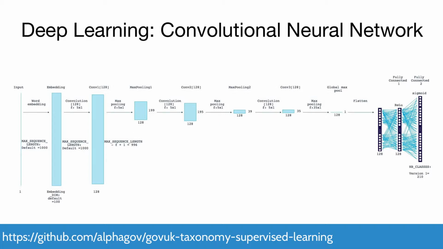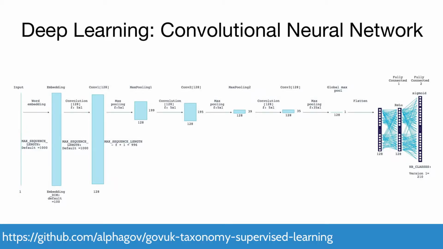This is a sort of representation of the architecture of our baseline model. The neural networks are inspired by biological neurons, but what's really good about them is they're able to model quite abstract concepts like text and image, because they've got a lot of flexibility in the way that they fit the patterns in the data.